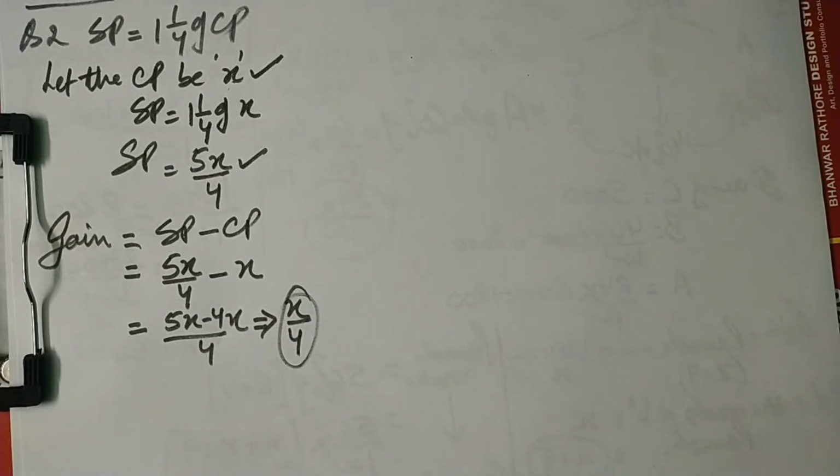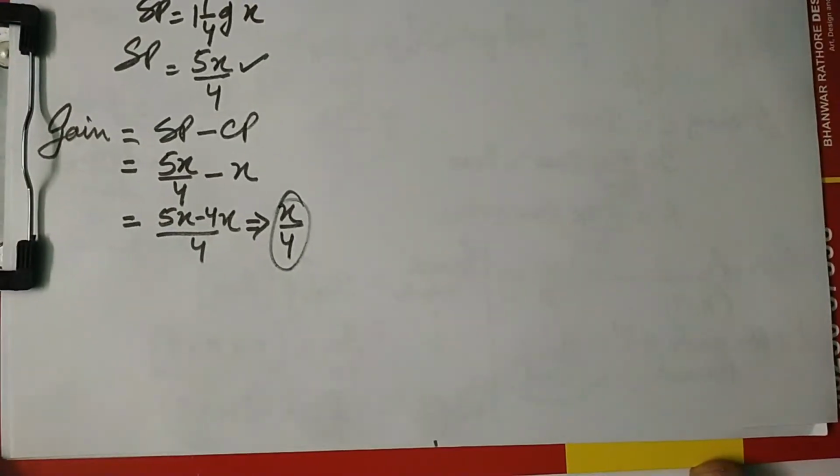Now since you have got gain, you can find gain percent also. So what is the formula of gain percent? Gain percent is equal to gain upon CP into 100.